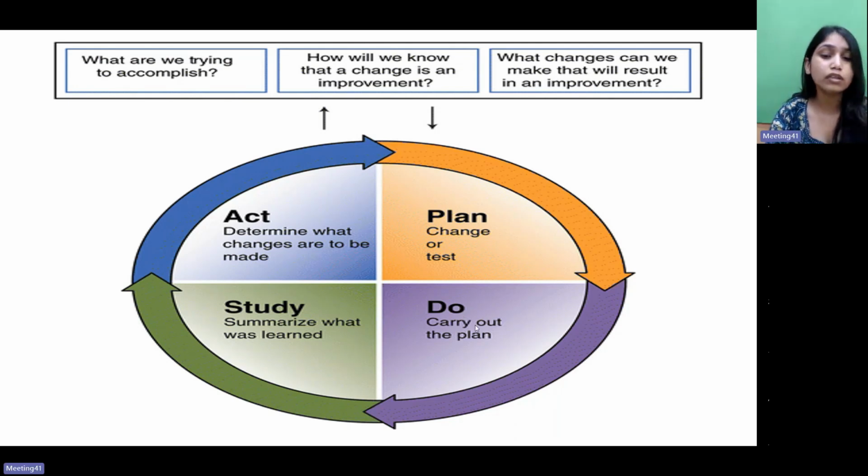Then we will carry out the plan, then we will study, we will summarize what we have learned by planning and doing, right? When everything is clear, then we will act, determine what changes are to be made, what we have to change, and we will definitely do this. Fine. So this is plan, do, study, act, which is important when we are thinking about any improvement.